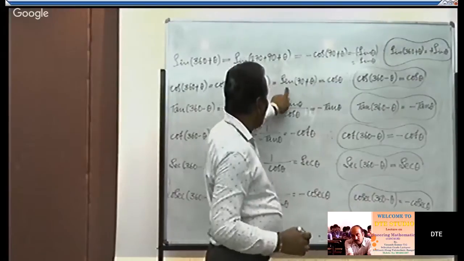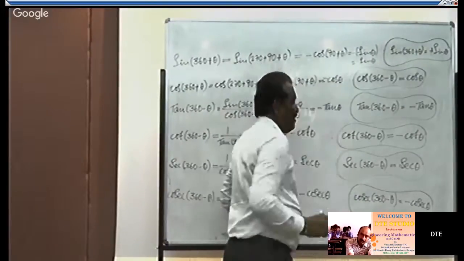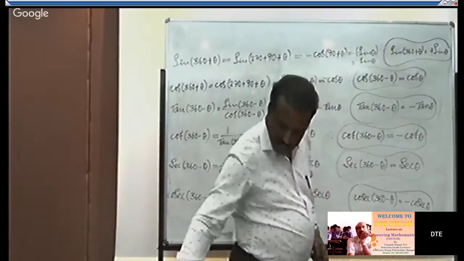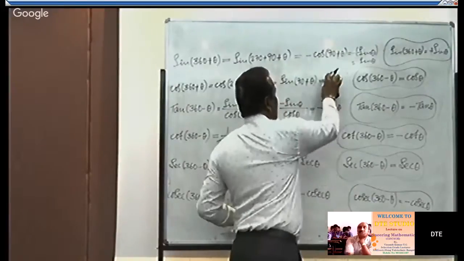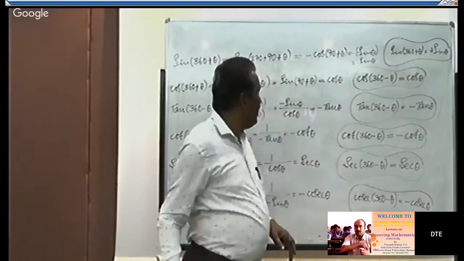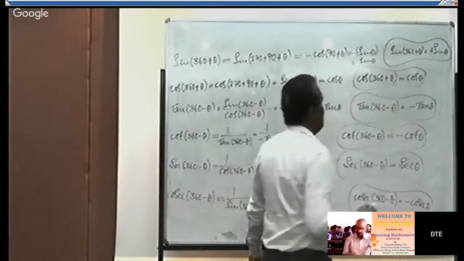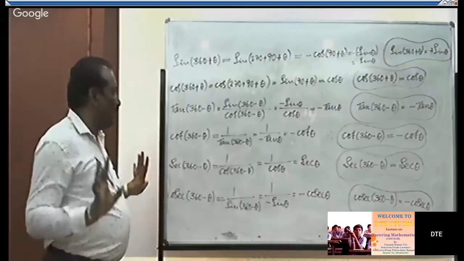Sorry, sine of 90 plus theta is cos theta because it comes under the first quadrant. Therefore, cos of 360 plus theta is equal to cos theta only.